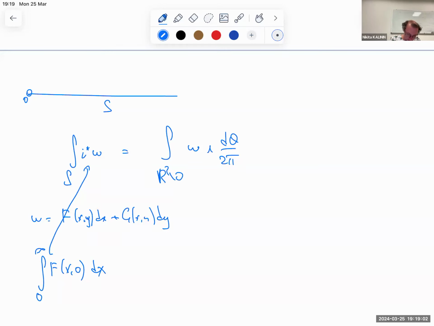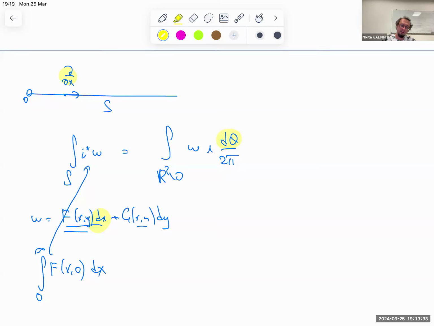Because to restrict it, you take the tangent vector and compute this form over the tangent vector. Here the tangent vector is d/dx, so this part survives, and dy dies.